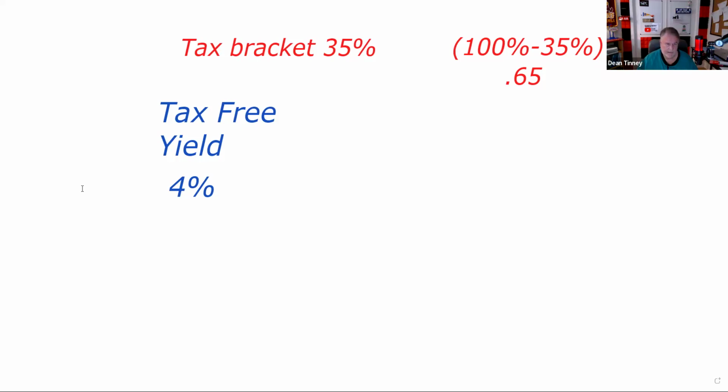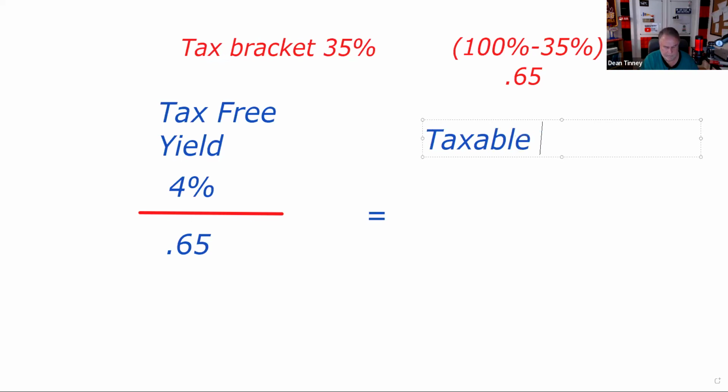We're going to divide the 4% by 100% minus your tax bracket, which again is 0.65. And what we're solving for here is the taxable equivalent yield. What is the taxable equivalent of a 4% muni in your tax bracket?